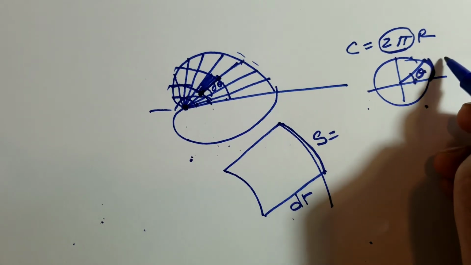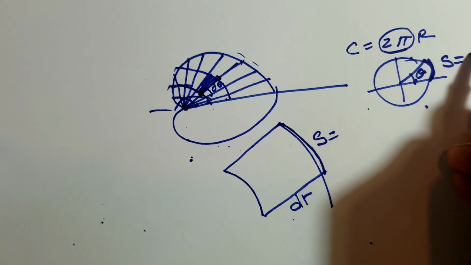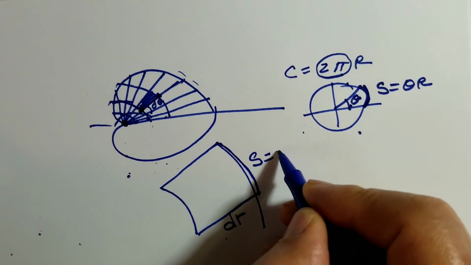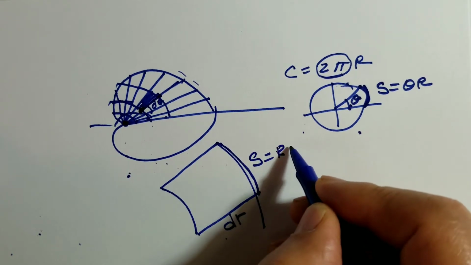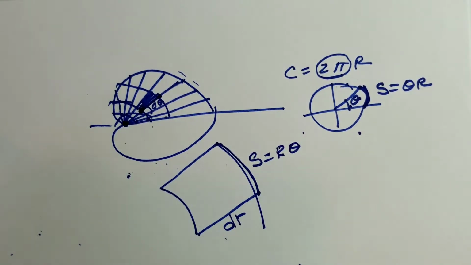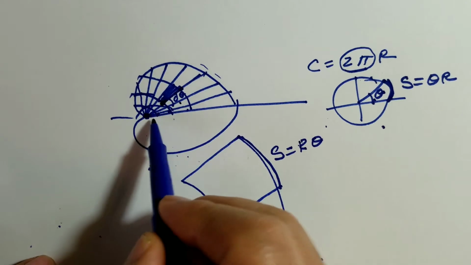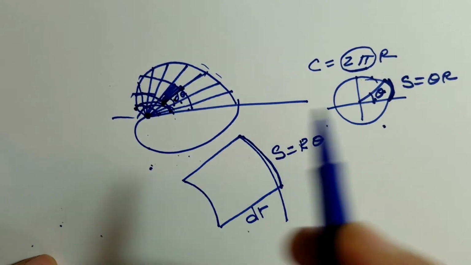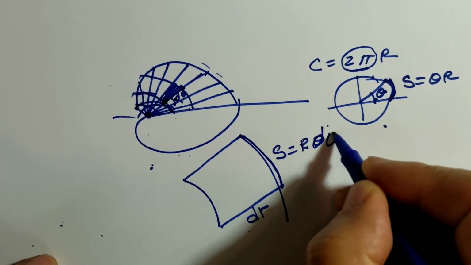If this angle is theta, the arc length is theta times r. Therefore, here, this is r times theta. But let's talk about that theta. My theta was from 0 to pi. This is part of my angle. Therefore, that is a d theta.